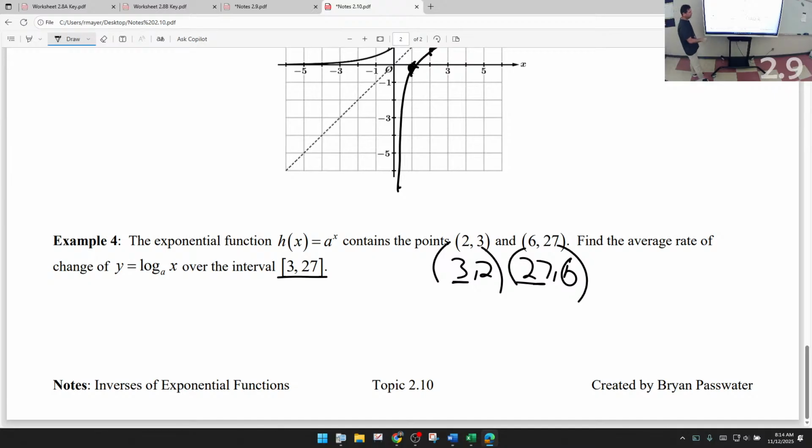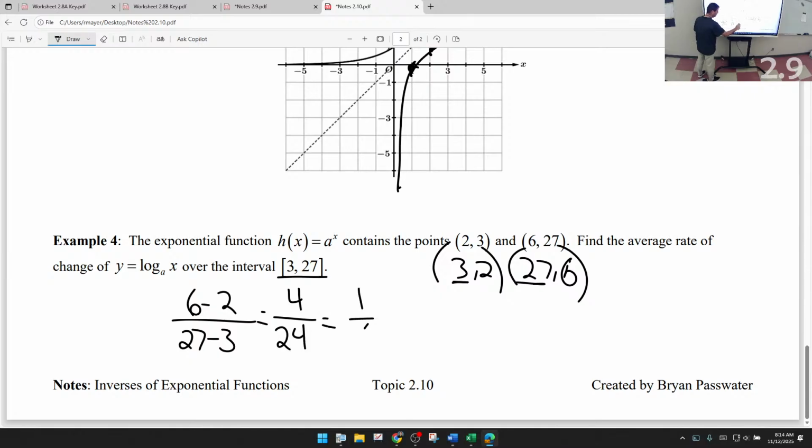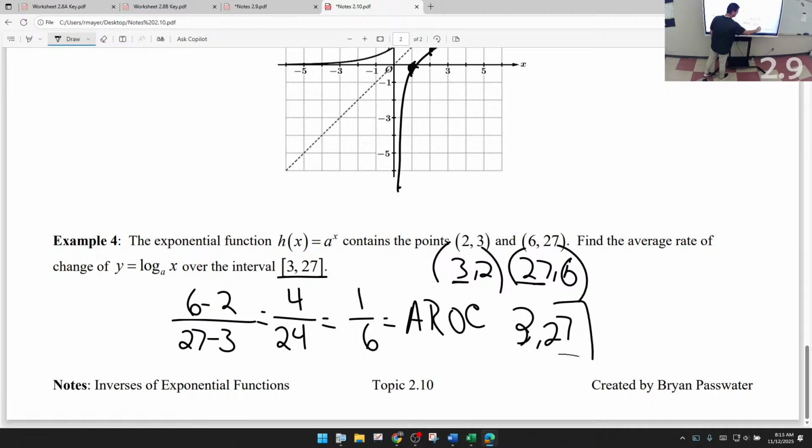And so I will simply do 6 minus 2 over 27 minus 3, and 6 minus 2 is 4, and 27 minus 3 is 24, and 4 over 24 is 1 over 6, and so the average rate of change from 3 to 27 is 1 over 6.